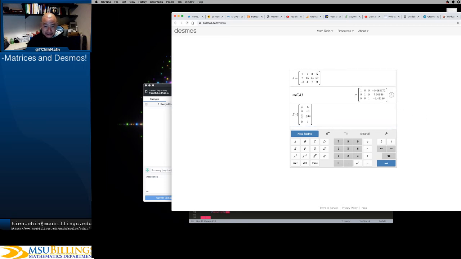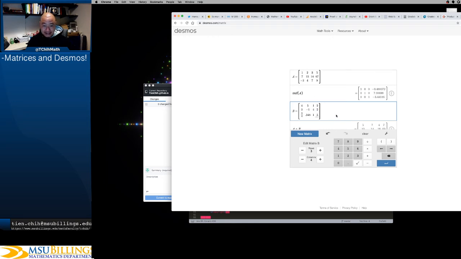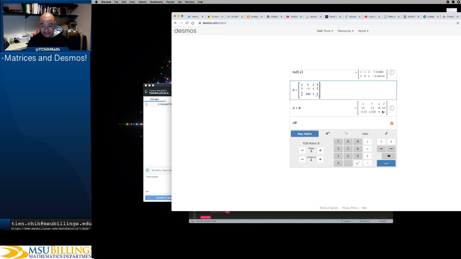But I could go ahead and change B so that they would match up, right? So now A is this and B is that, and now A plus B is defined. It's just a sum of entries. But the product's no longer defined, and that's okay.